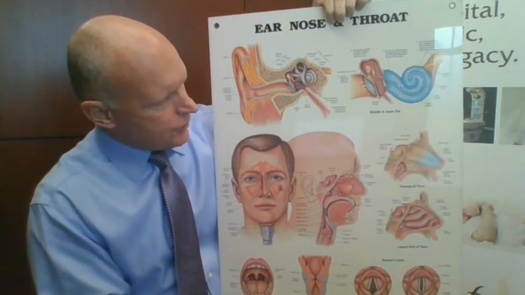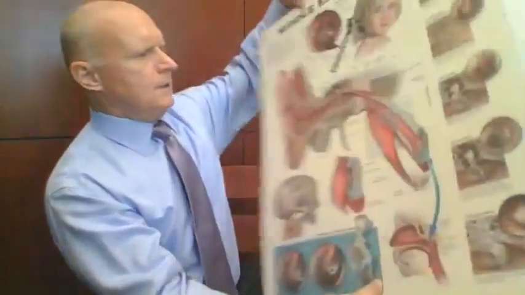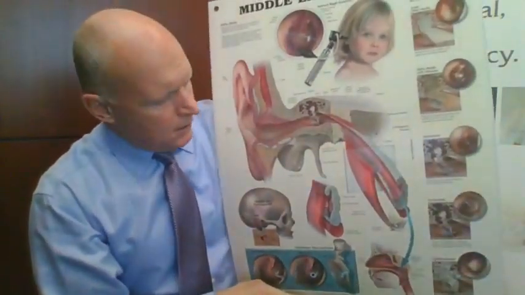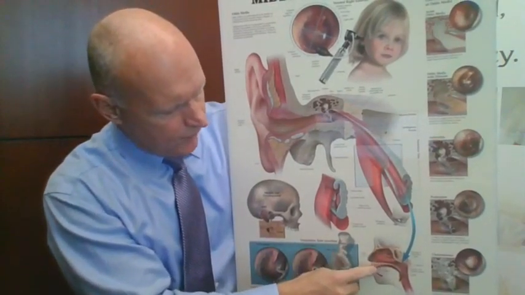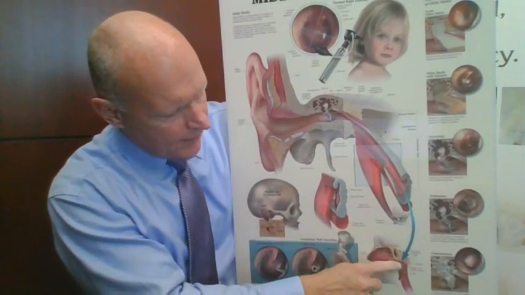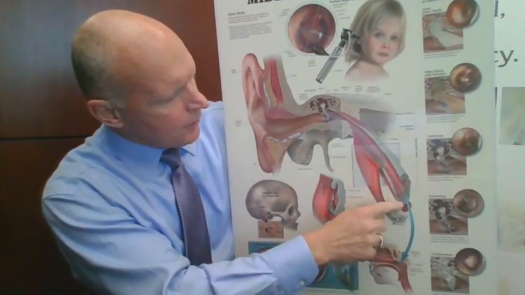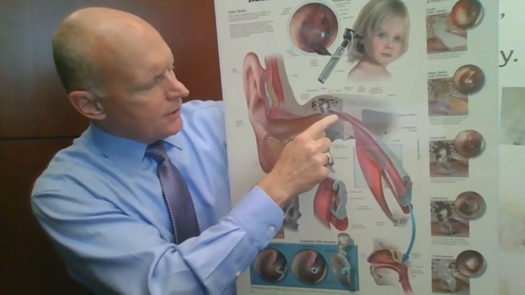Now I'm going to switch to a different chart here that's got a blow-up version of this. Okay, let me get centered here. All right, so here's our smaller view of that head, that tiny little slit there in the back, and here's a larger view of that eustachian tube as it leads to the ear, to this little space.